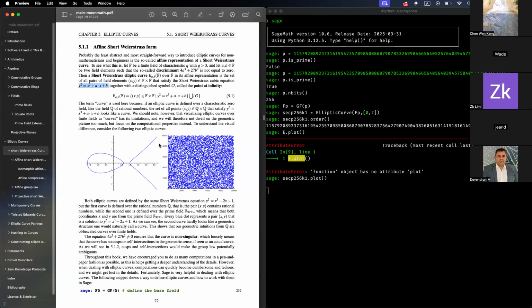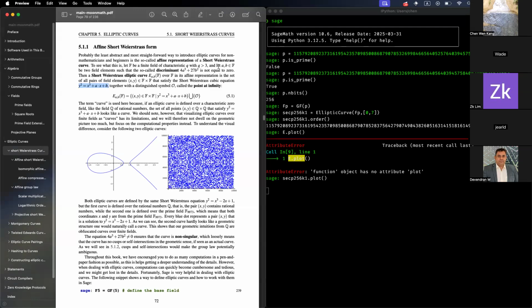The intersection would create behavior that we don't want in an elliptic curve, one that doesn't benefit us when we do the group law, which we talk about later.